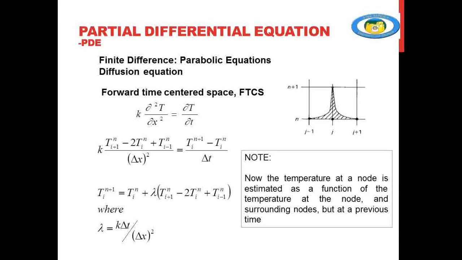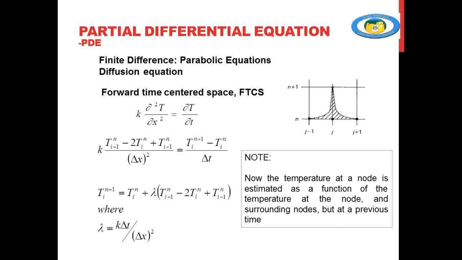So that's going to be T^n at the i plus 1 node plus T^n at the i minus 1 node minus twice T at the i node. This is done at the current time, which is n.